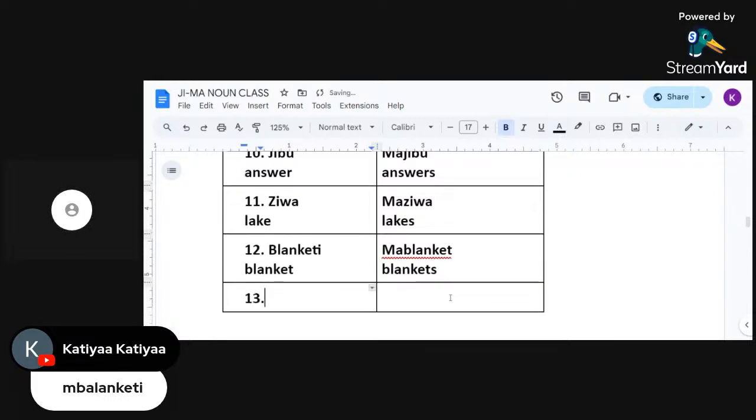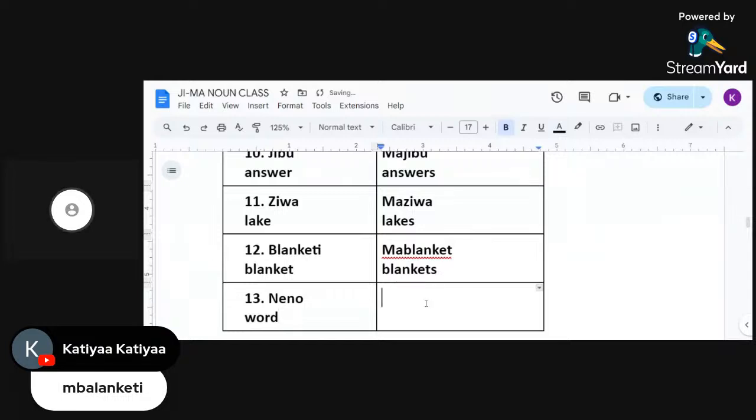Okay, we have one more example, and this example is neno. Neno is a word. How do you say words in Swahili? The plural for word. Meno means teeth, but this is neno, just a word.